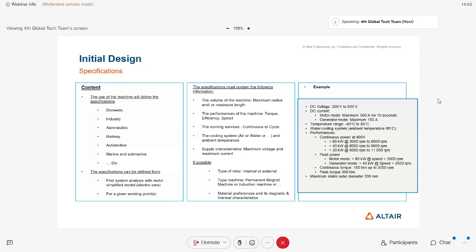I have here an example of a specification we may have; this is a motor for an EV application. As you can see, there are specifications on the voltage supply and the temperature range. This is the ambient temperature, of course.